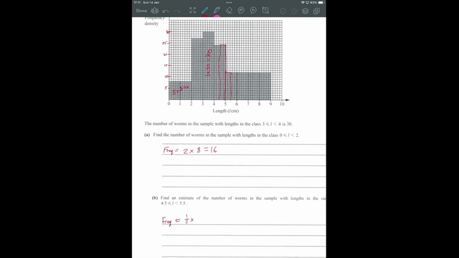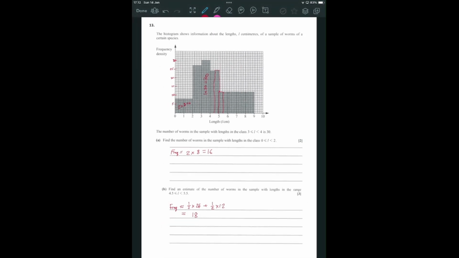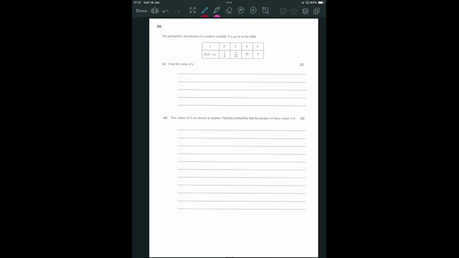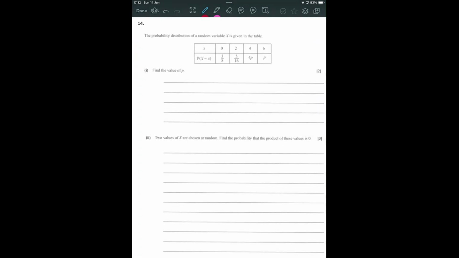The 4.5 to 5 bar has a height of, this is what I'm trying to read it off the iPad, 24. But we also have the 5 to the 5.5 at a height of 12. So that's going to be roughly 18. Half of 24 plus half of 12. There's roughly 18 worms in that sample.